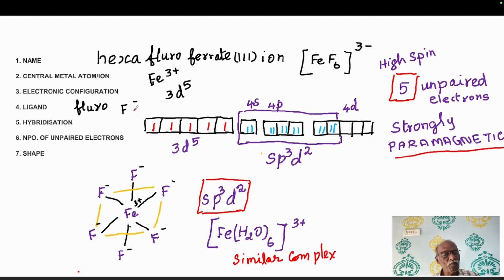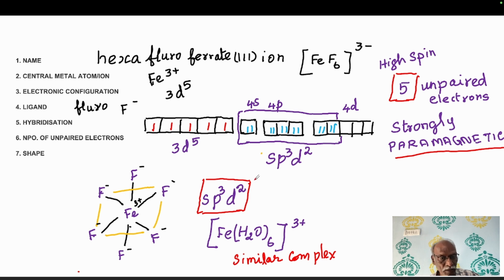Since fluoro F minus is a weak ligand, it can't do anything with the 3d5. Therefore the 3d orbitals are occupied with one electron each, giving rise to 5 unpaired electrons and strong paramagnetism. Next, due to the weak field, it takes up the next higher energy level, sp3d2 orbitals, and this hybridization gives rise to the octahedral shape.